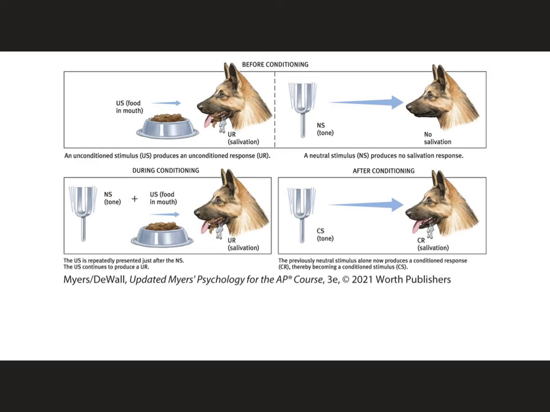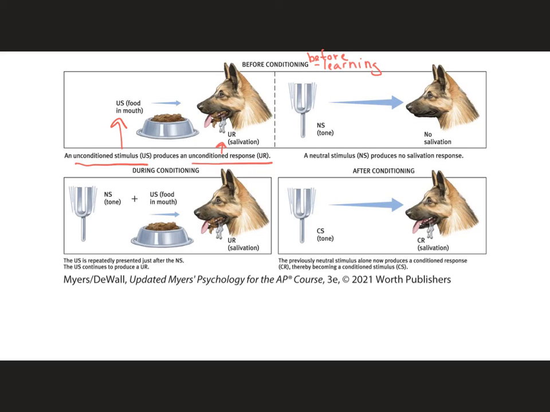Okay, so the same example in a little bit of a different format. These first two pictures are before conditioning. So this is before learning occurs. Before learning, the unconditioned stimulus is the food, and it produces an unconditioned response, which is to salivate.